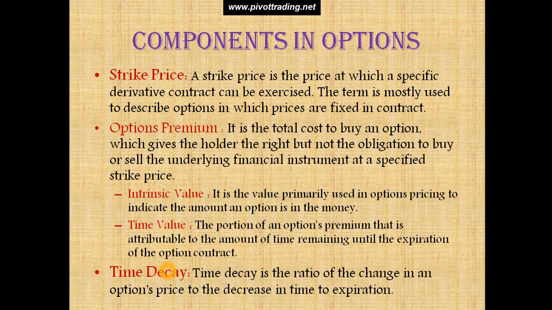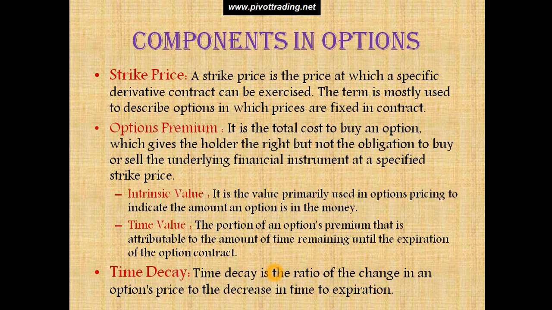Time decay is another component in options that you should take care of. What does time decay say? Time decay is a ratio of the change in an option's price to the decrease in time to expiration. So it is basically a ratio of how the price of the option is moving to the number of days left to the expiry, or the number of days left to do your settlement.